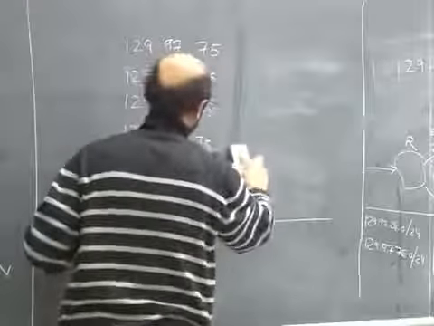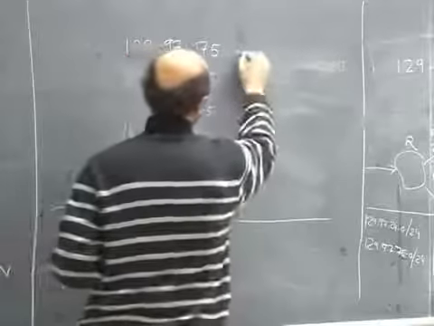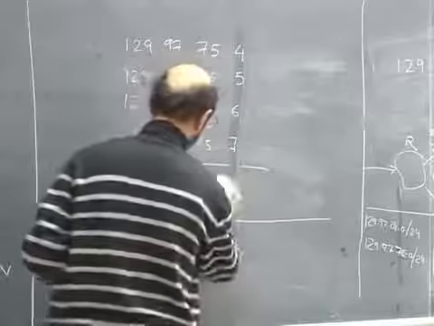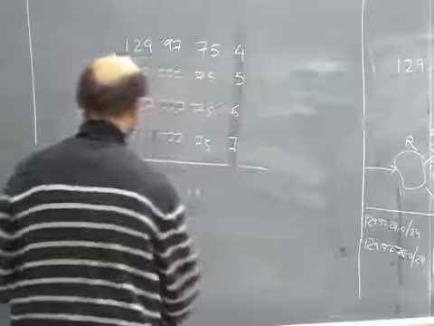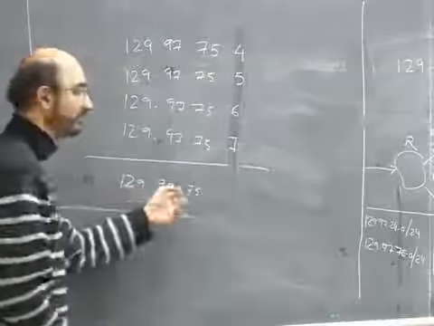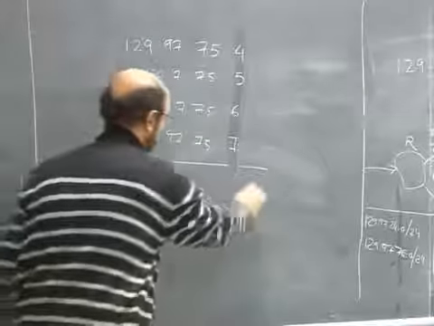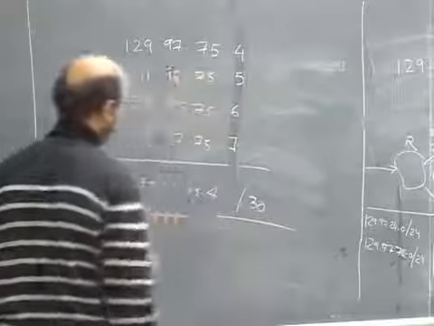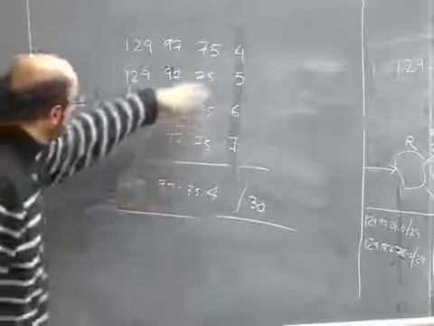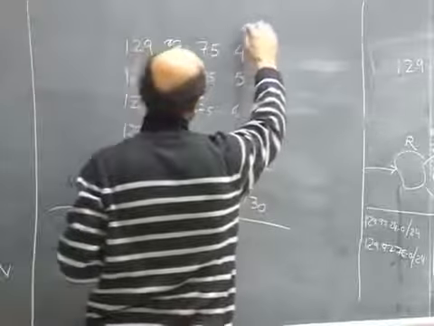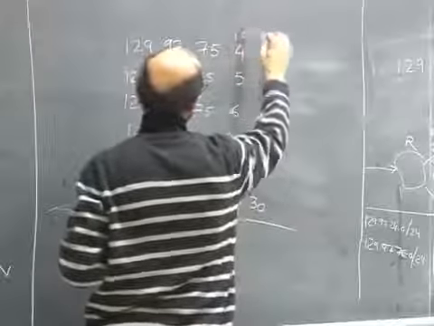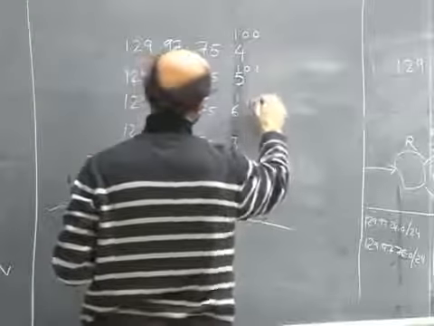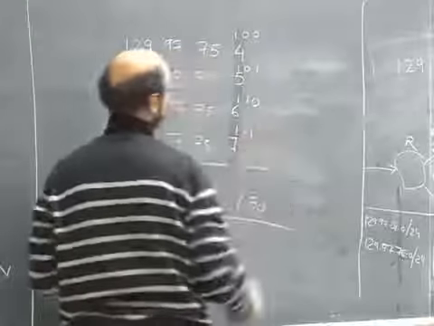Okay, let me make it a bit harder. Now I'm going to make it 4, 5, 6, 7. What is this going to look like? 129.97.75 dot what, slash what? It's 4/30. Why is it 4? Because basically this is going to be 1, 0, 0, and the others are 1, 0, 1, 1, 1, 0, 1, 1, 1, right?